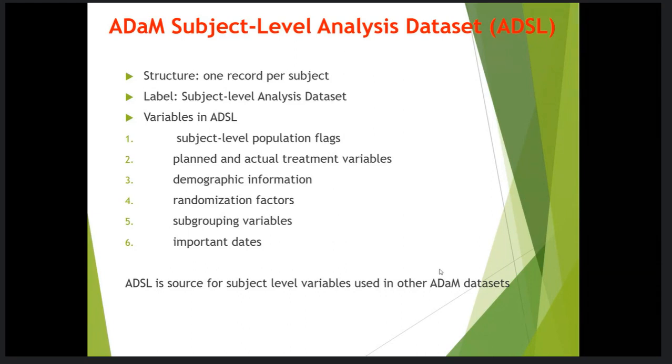In the same way, in ADaM, ADSL is the mother of all the other domains, because most of the time we are going to copy ADSL variables into other datasets like ADLB, ADAE. So ADSL is a very important one.